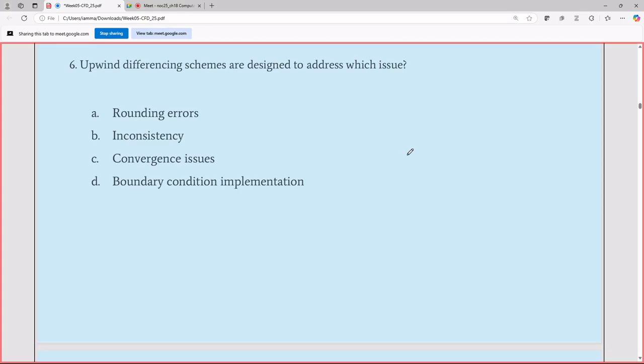So which among the following is addressed or corrected by upwind differencing schemes?